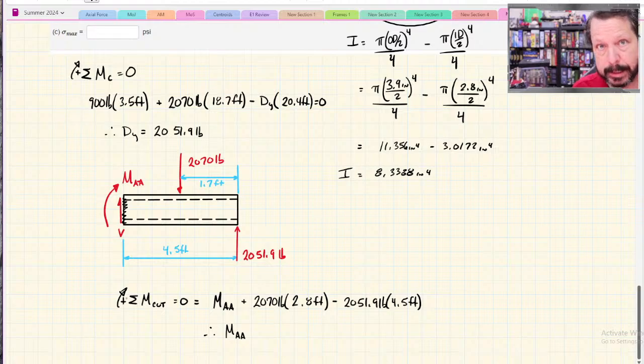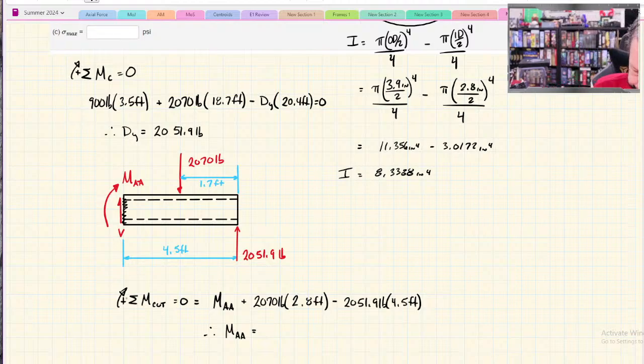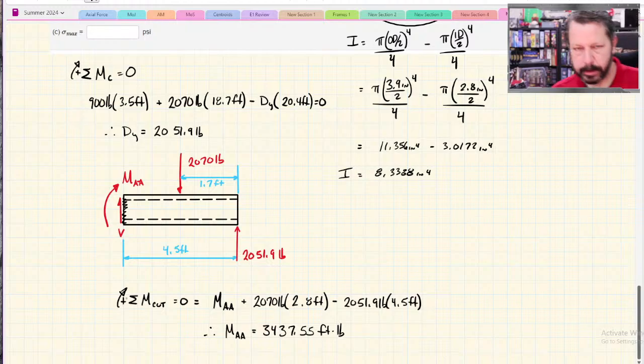This is the internal bending moment on that section, and it should equal 2070 times 2.8 minus 2051.9 times 4.5. That term is negative, but I move it to the other side and it becomes positive. 3437.55, those units are foot-pounds. The internal bending moment being positive means that the beam is bending with tension on the bottom.